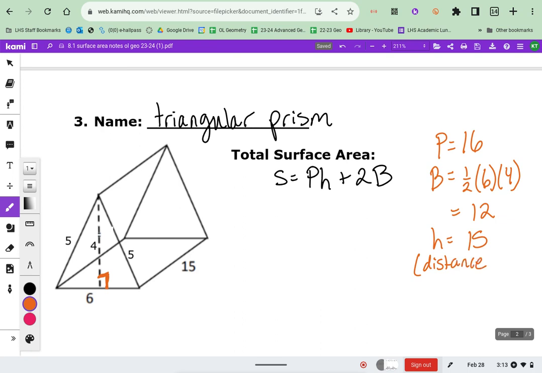Distance between bases. The 16 is the perimeter of our triangle, so 5 plus 5 plus 6. Okay, so now we can just plug in.